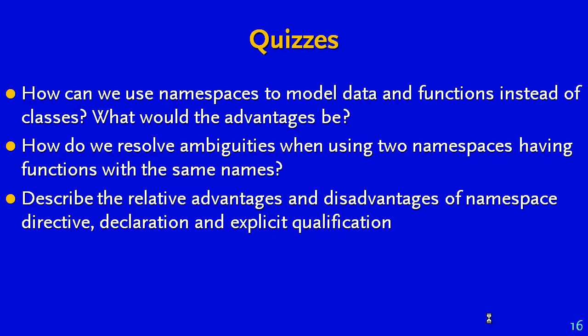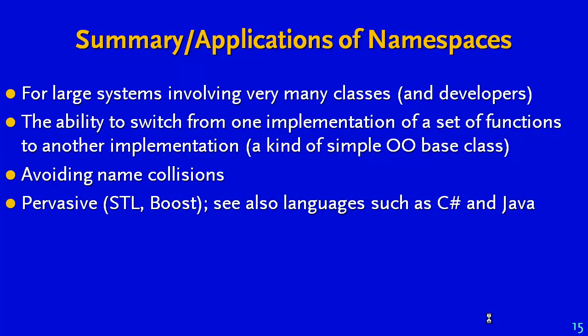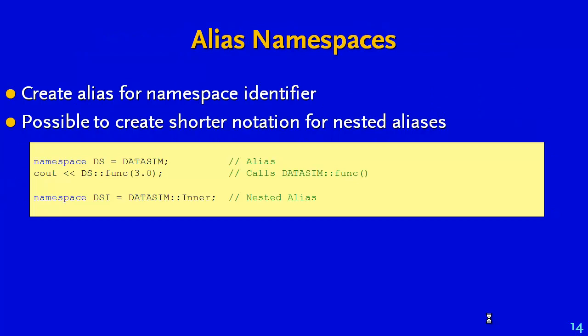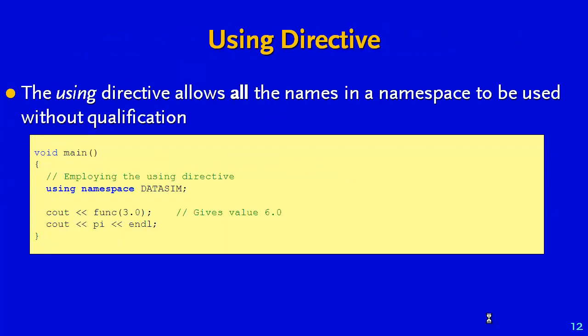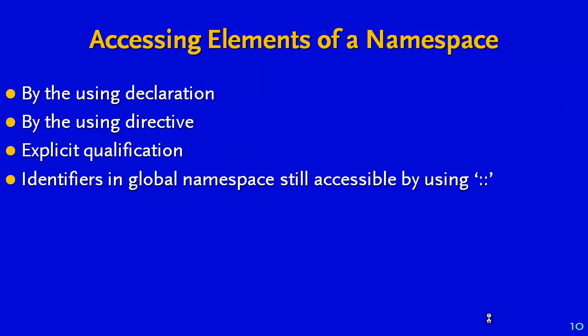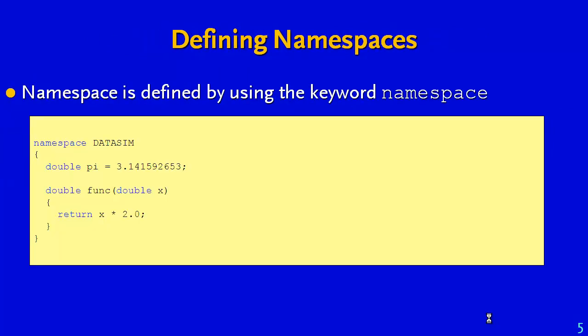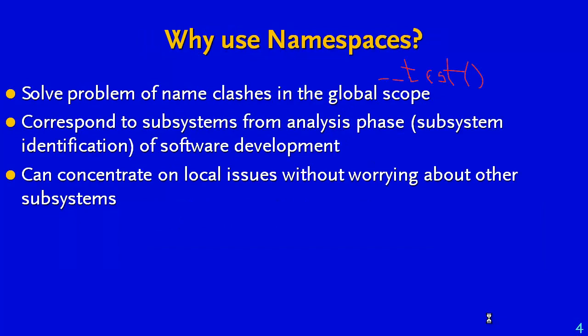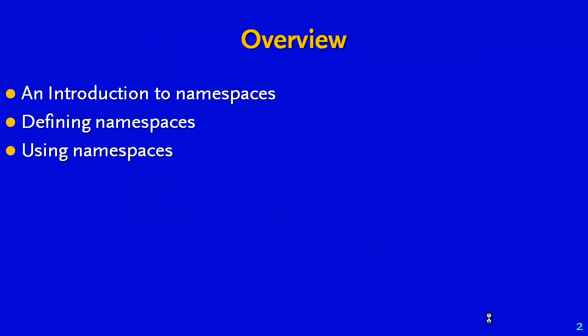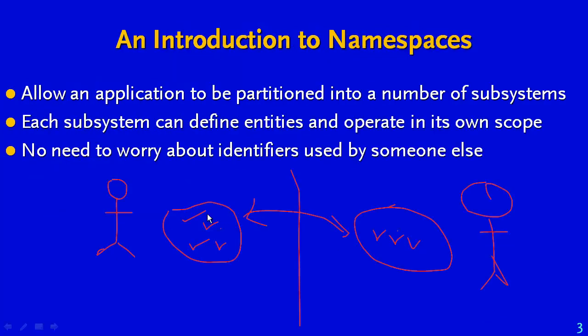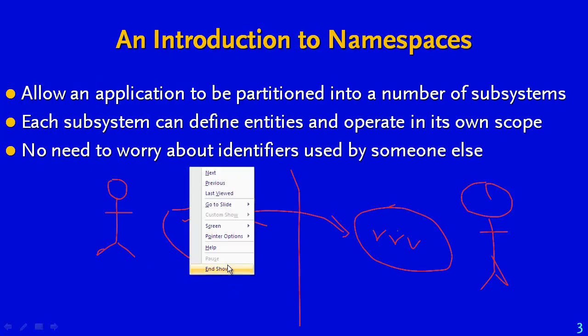What happens if you've got two namespaces with the same function? So let me go back, and you want to use both namespaces in your code, maybe all the functions in the namespaces, whatever. Let me go back to my diagram here. Okay, so let me draw my diagram again.